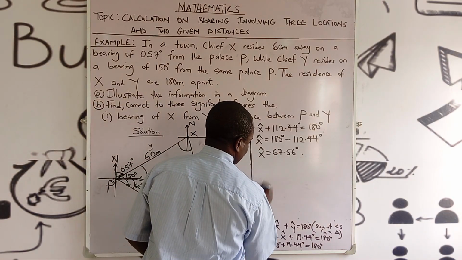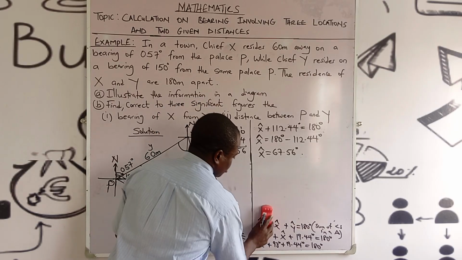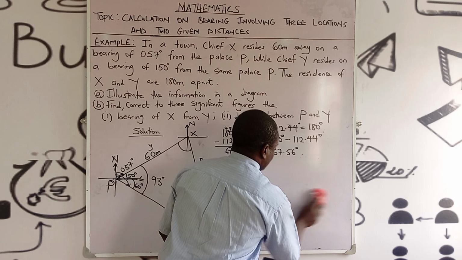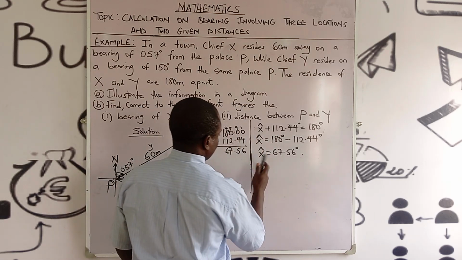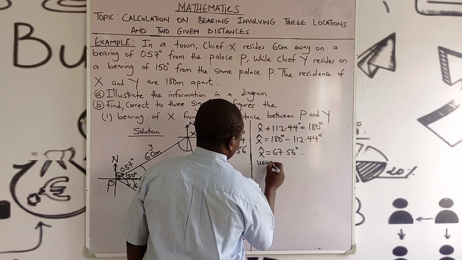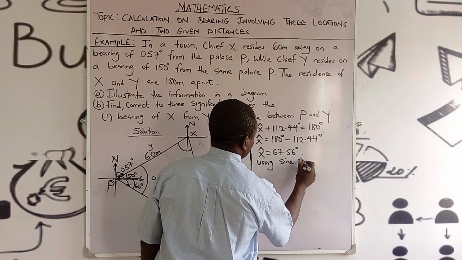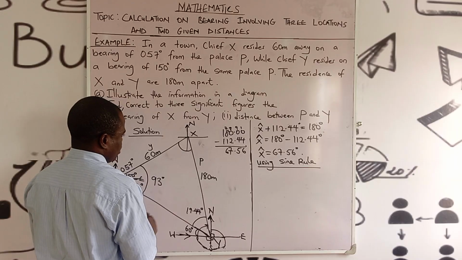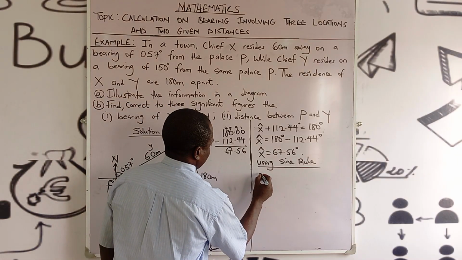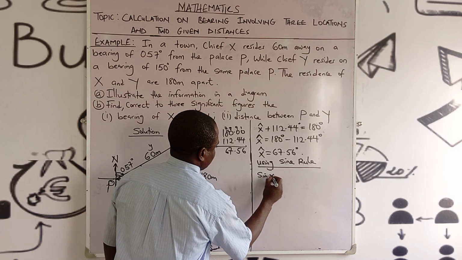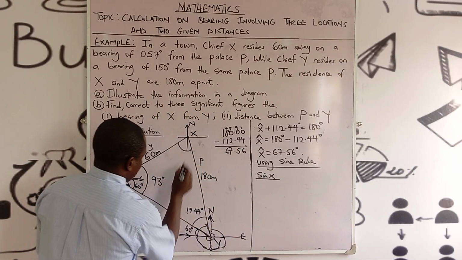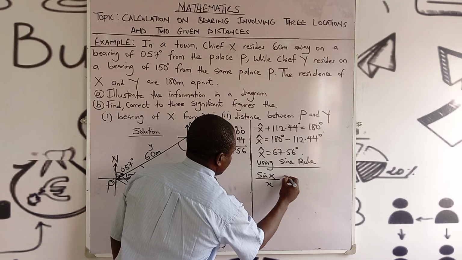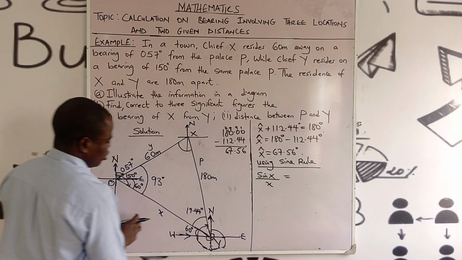Use the sine rule. Using the sine rule, sine x over small letter x equals, what do we pick?